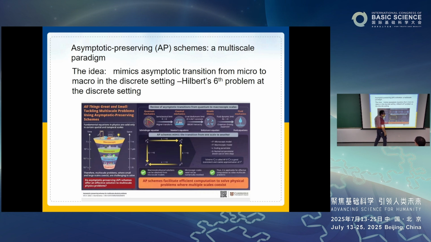They are all connected by this asymptotic analysis. So I will show you a numerical strategy which can really be viewed as a discrete analog of all these asymptotic transitions. Okay. So that's why I call this the discrete version of Hilbert's sixth problem.